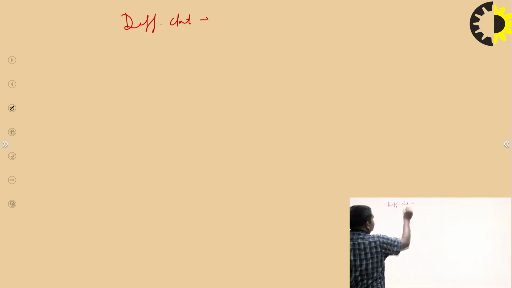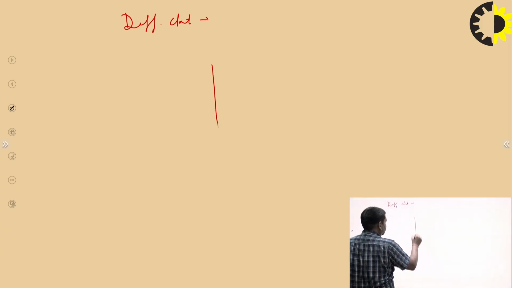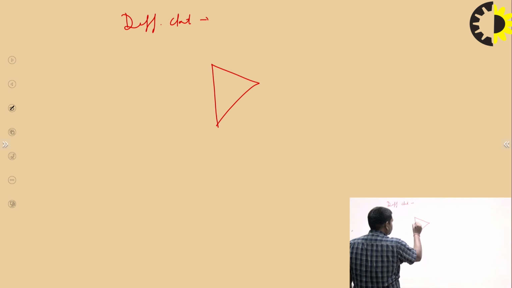Second, what is the differentiator circuit? In the differentiator circuit, the output should be proportional to the differentiation of the input voltage. How can we design it? This is the IC 741 with minus and plus terminals.